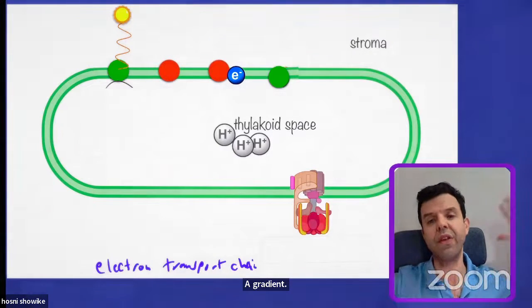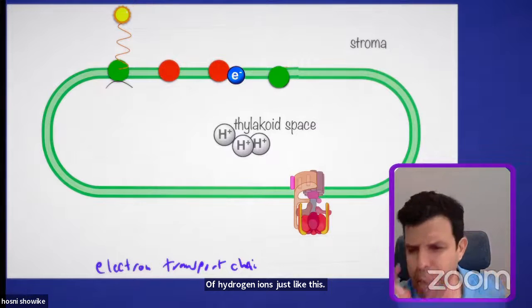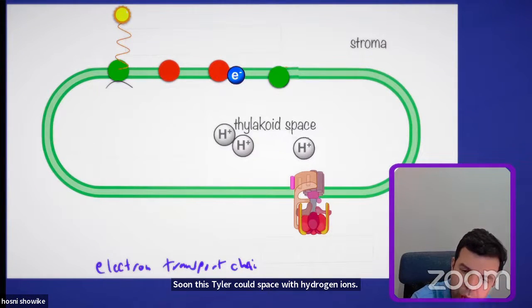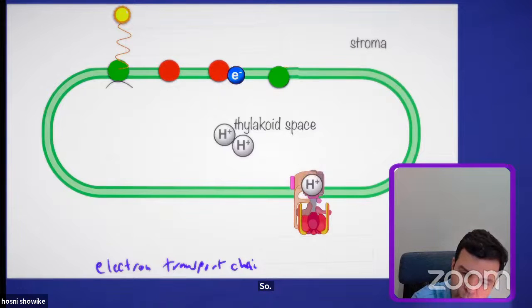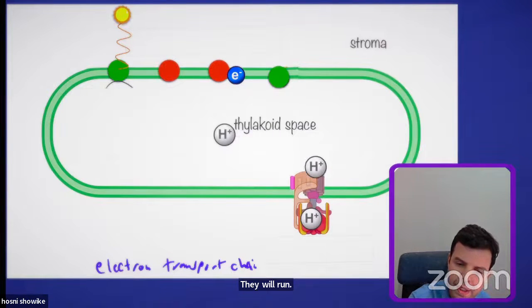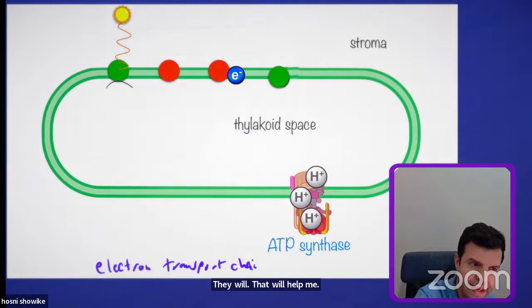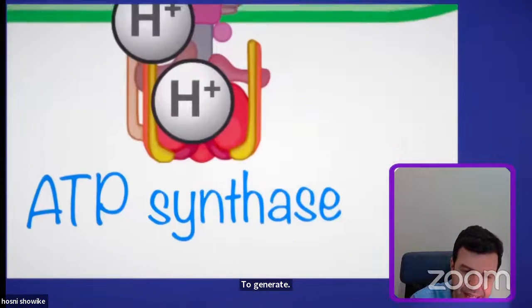Soon, this thylakoid space will be packed with hydrogen ions. So they will run out through this channel. As they run out, what's going to happen? That will help me to generate ATP. So this channel has a name.